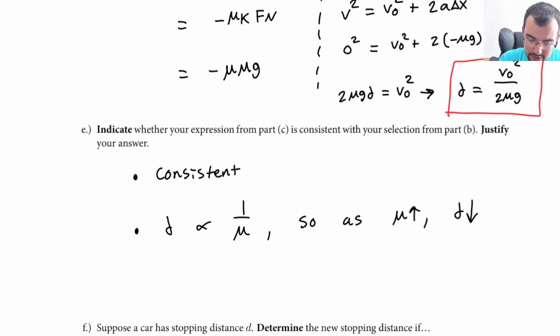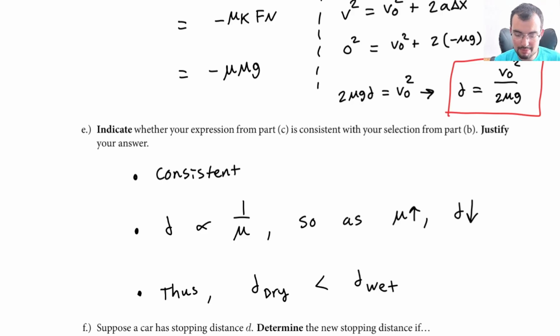So the whole thing goes down. Thus, the dry road stopping distance is less than the wet road stopping distance. Maybe it helps to say that, like, on the wet road, mu goes down. So if the denominator goes down, the stopping distance goes up.